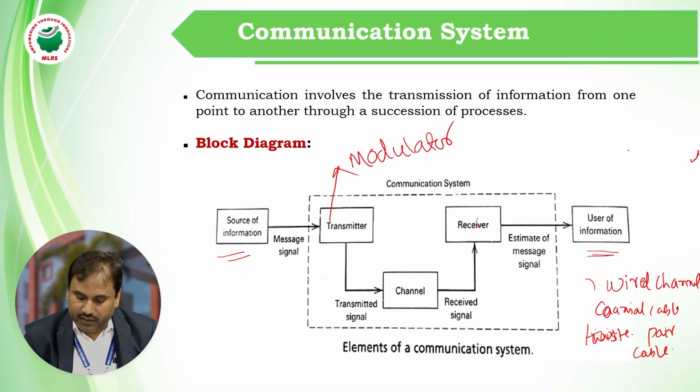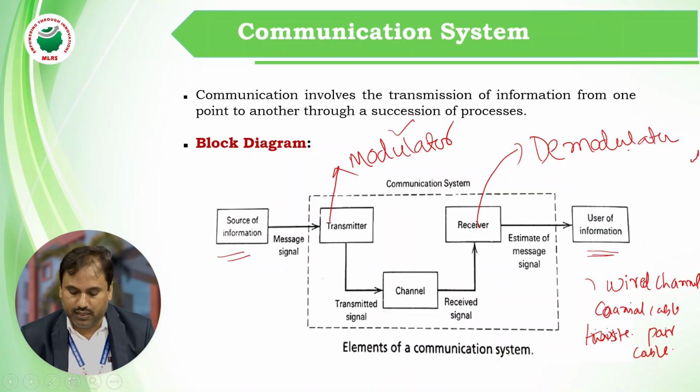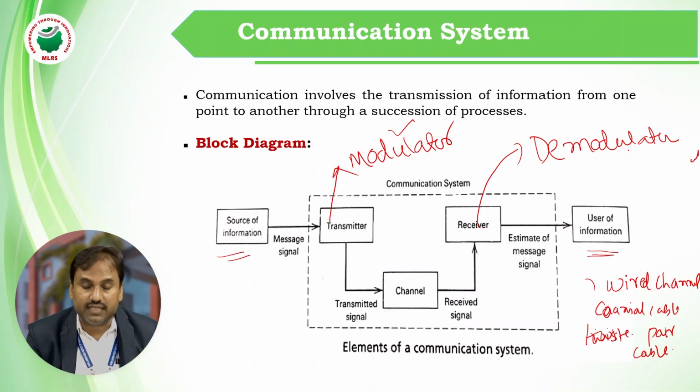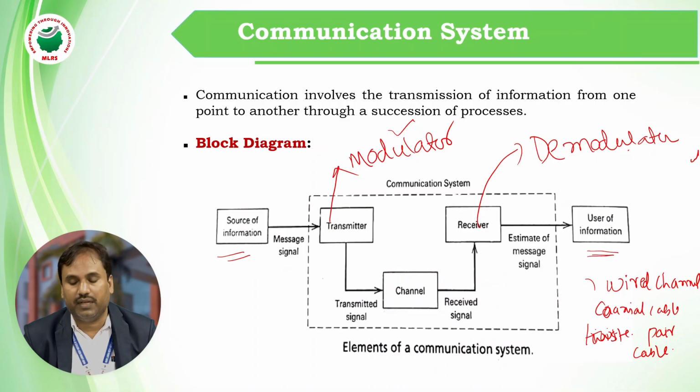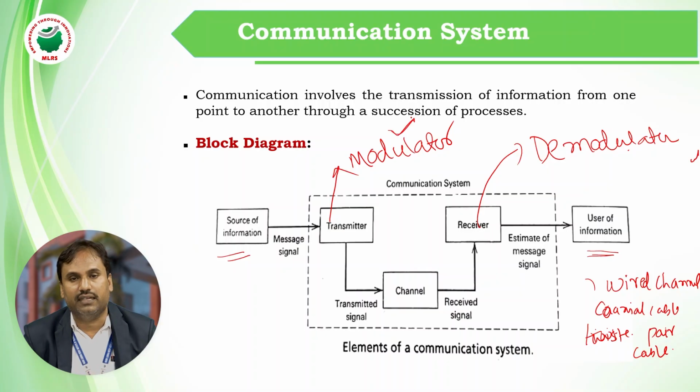At the same time, on the receiver side, we will have a demodulator. If the modulation technique is an analog communication technique, that system is said to be an analog communication system. If the modulator type is a digital communication technique, that is nothing but a digital communication system.